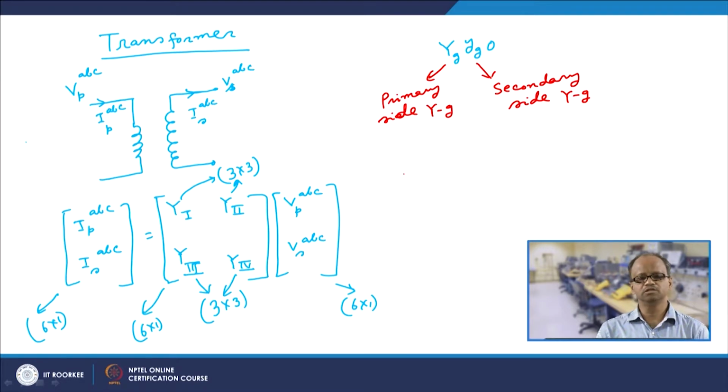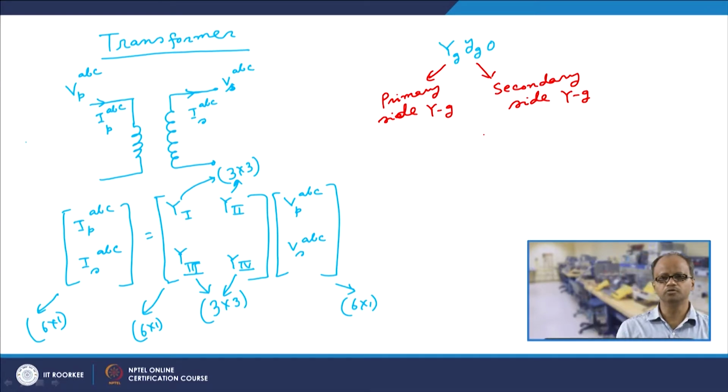This G stands for star grounded connection, and this also denotes that the secondary side is connected in star grounded fashion. The 0 denotes the phase difference between the corresponding phases of primary and secondary side.